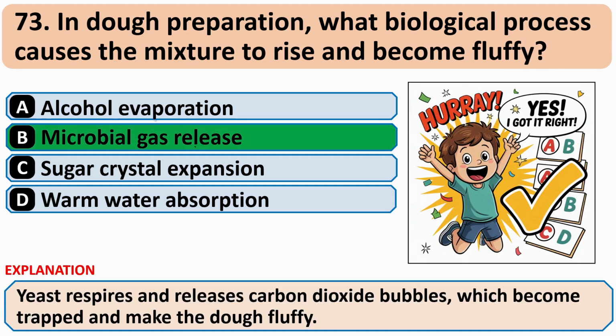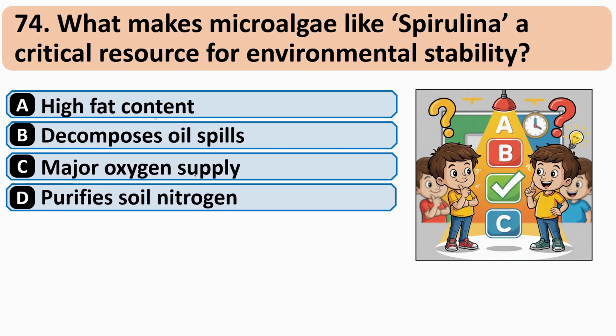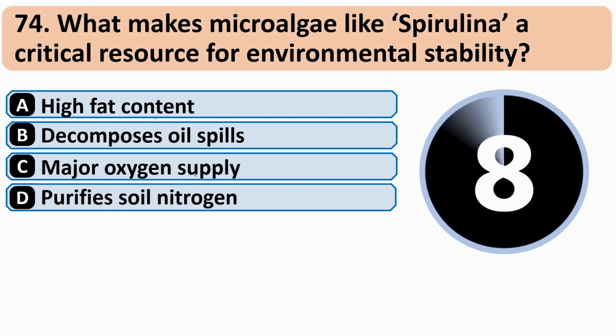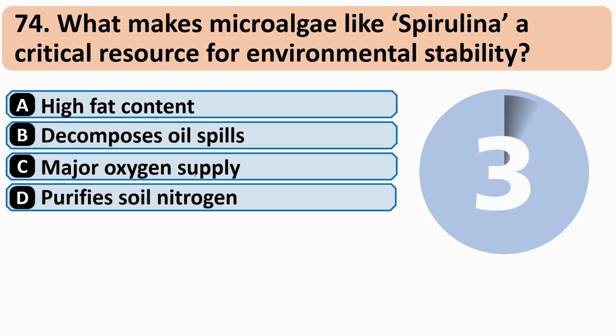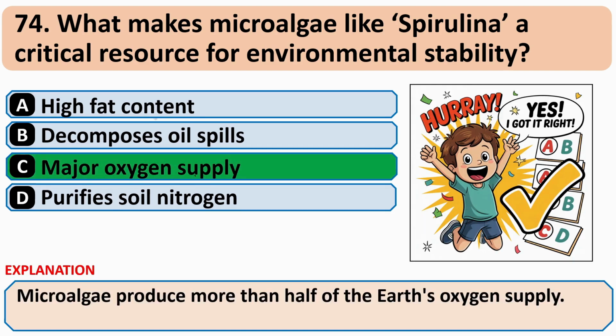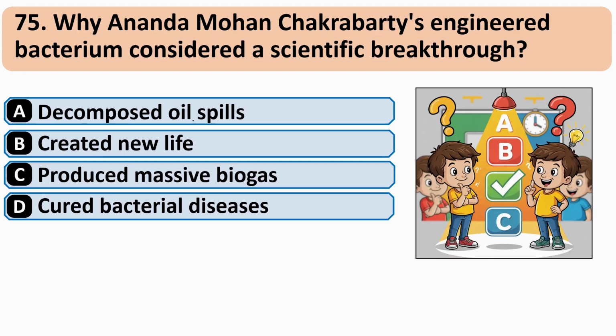And correct answer is B, microbial gas release. What makes microalgae like spirulina a critical resource for environment stability? And correct answer is C, major oxygen supply.